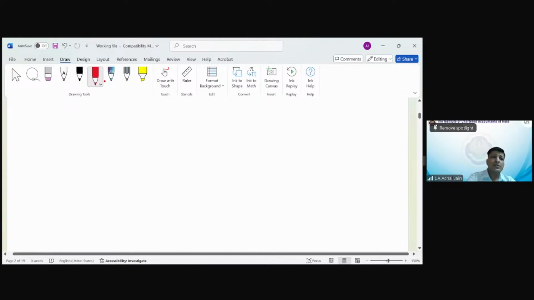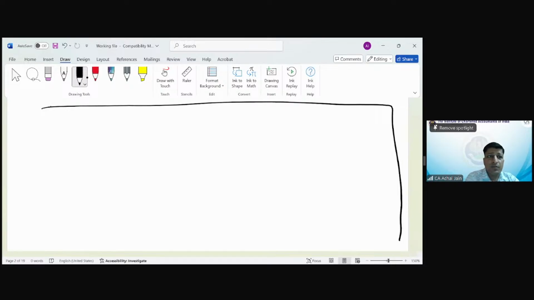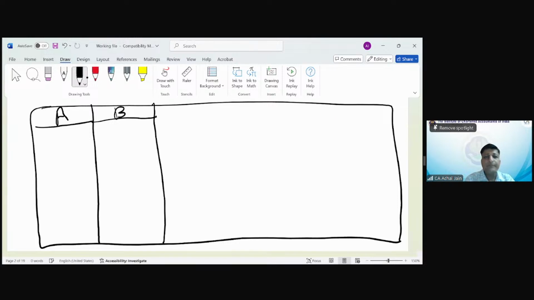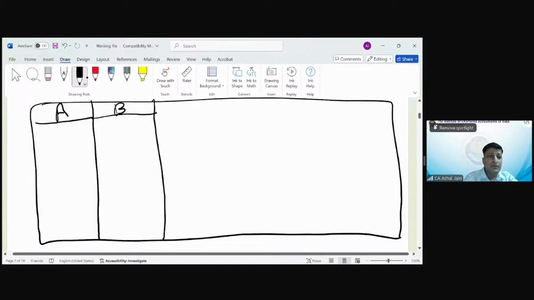Let's suppose this was the population. Let's suppose you break your population into some parts, say one population is for product A only, one population is for product B only. The total of these two is what? 200 crore.